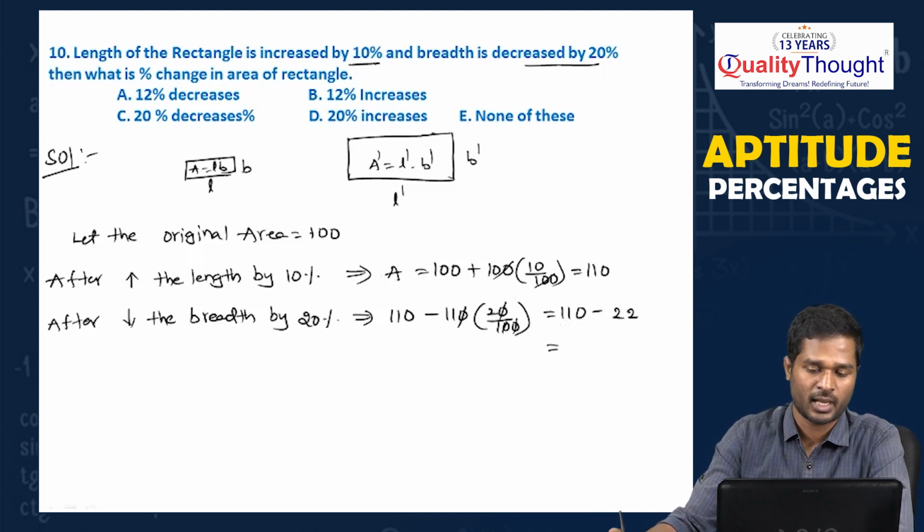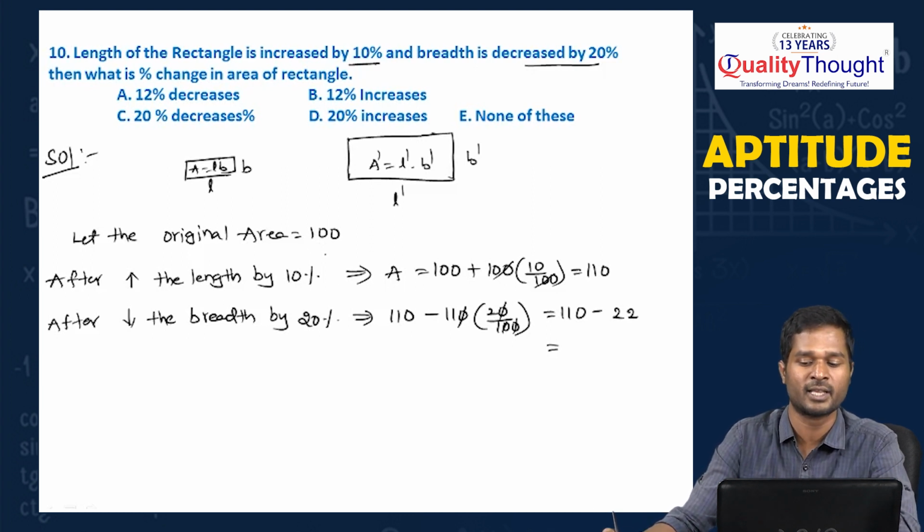So, original area I am considering as 100, right. So, after increasing the length by 10 percentage, it will become 110, and after decreasing the breadth by 20 percentage. Always remember, do not go for the original area again. See, original area was 100 and it has become 110 after we increase the length by 10 percentage. Now, this 20 percentage should be decreased on this already increased area.